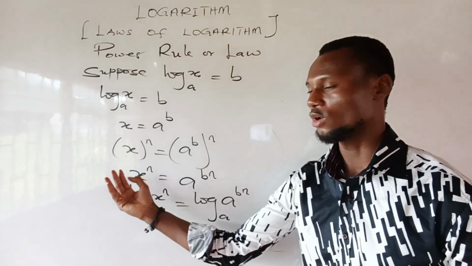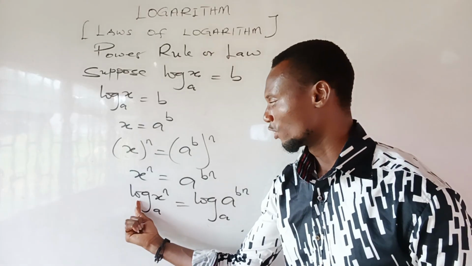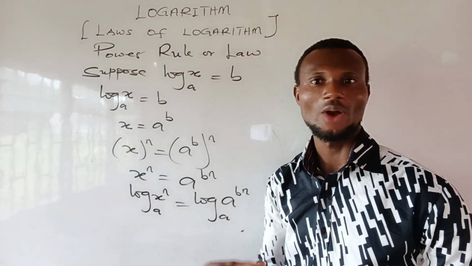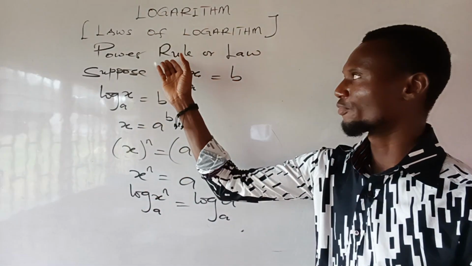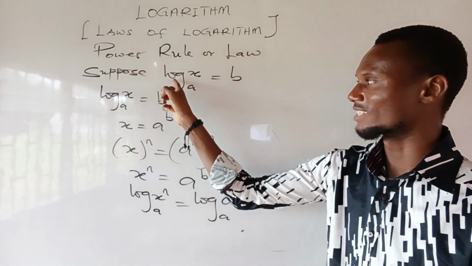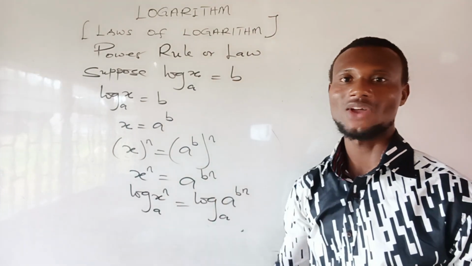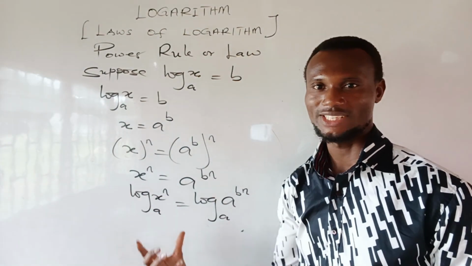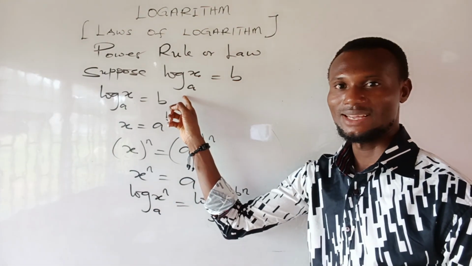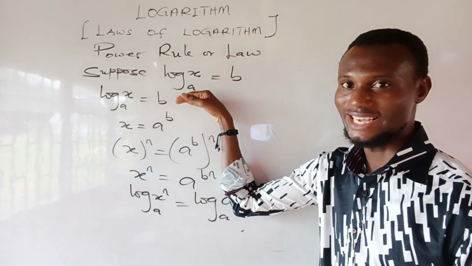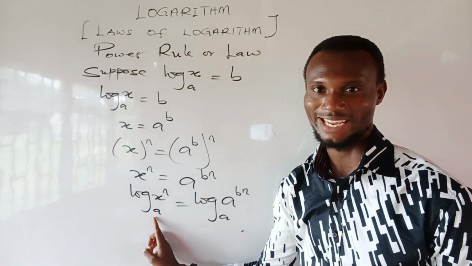So we take log of both sides. So I have log s to the power n to the base a. If you are wondering where the base a is from, from the premise we've already established that log s to the base a equals b. So if you are taking log of both sides, then it should come with the base a. So that's why I have the base a there.